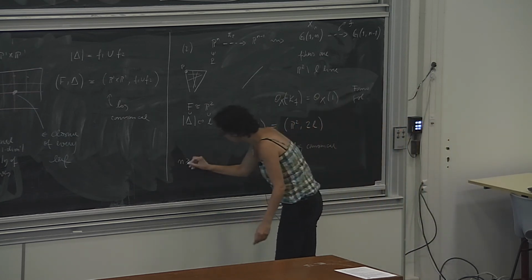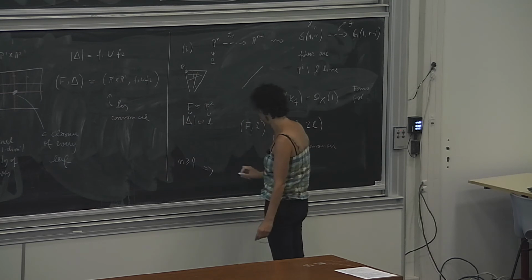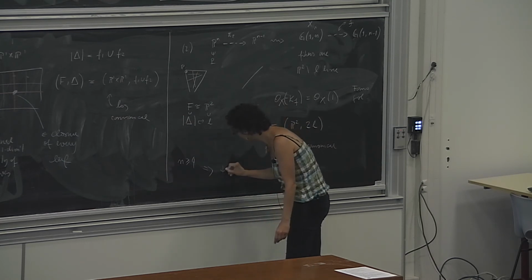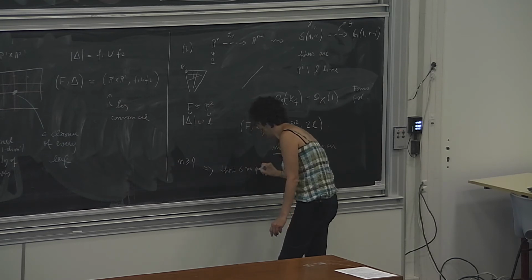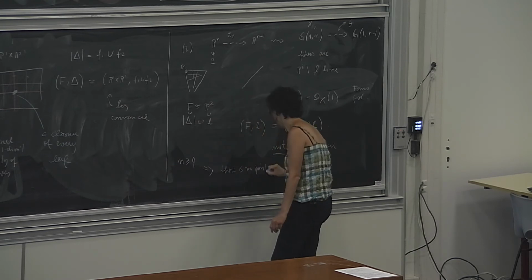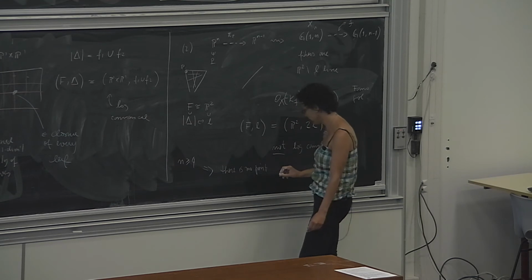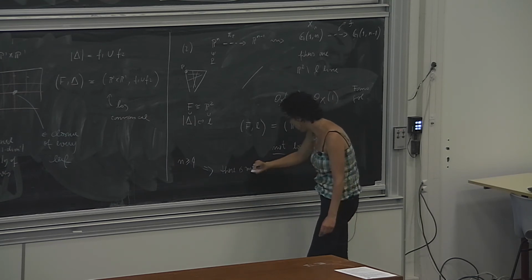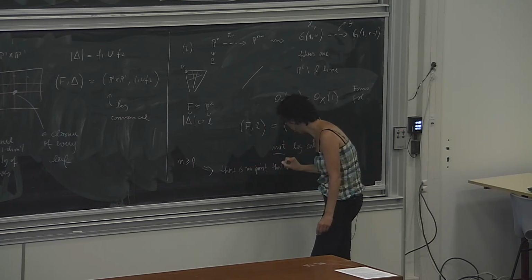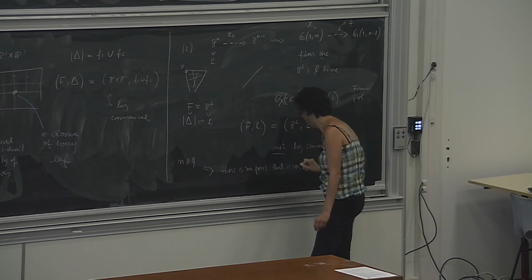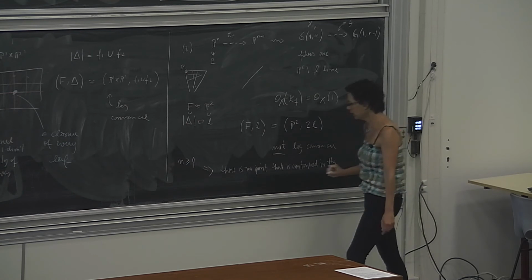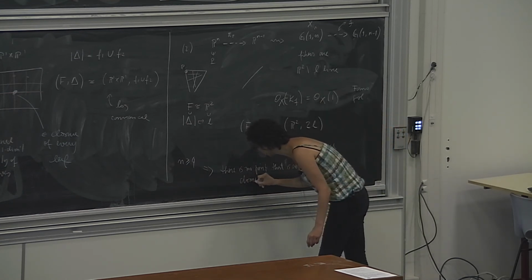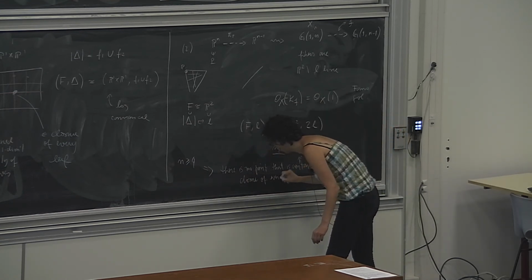So if I take n at least 4, then there is no point in the closure of a general leaf, no point that is contained in the closure of every leaf.